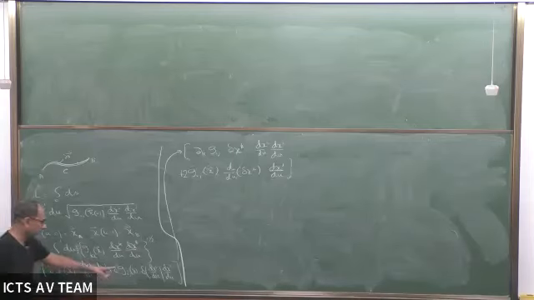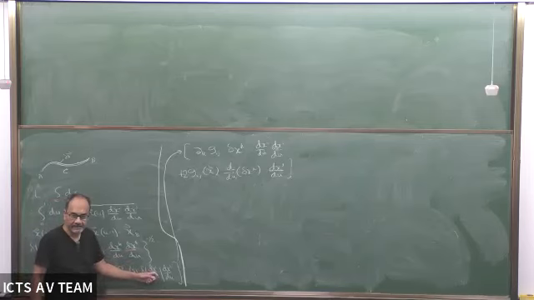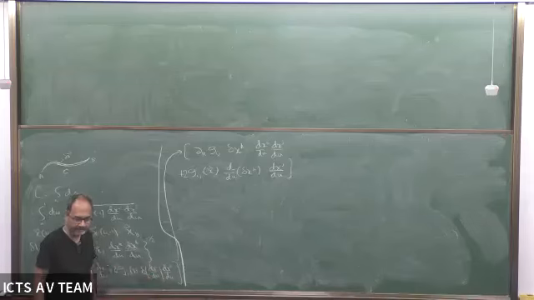Okay, because this dx^i/du is varying simply because x^i is going to x^i plus delta x^i.